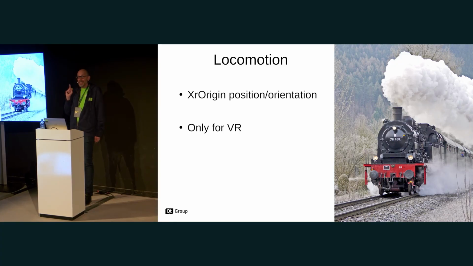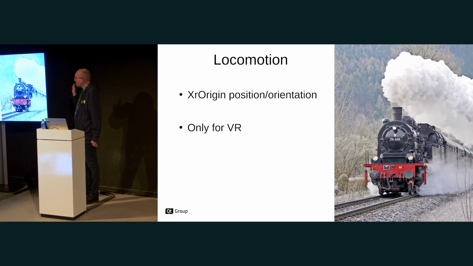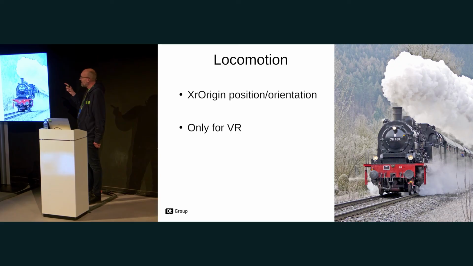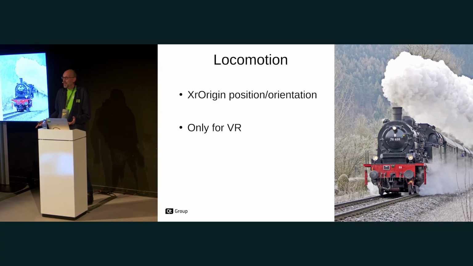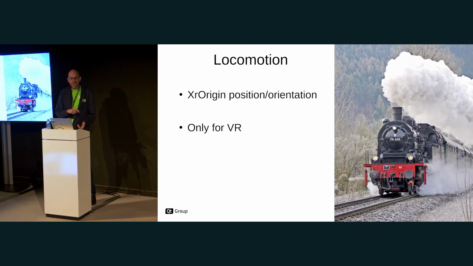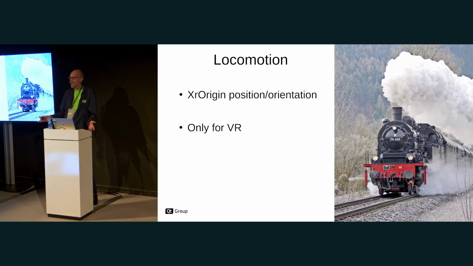So just make a note that this is a feature we only provide for VR, because teleportation in AR is equivalent to teleportation in the real world, which is unfortunately outside the scope of Qt.